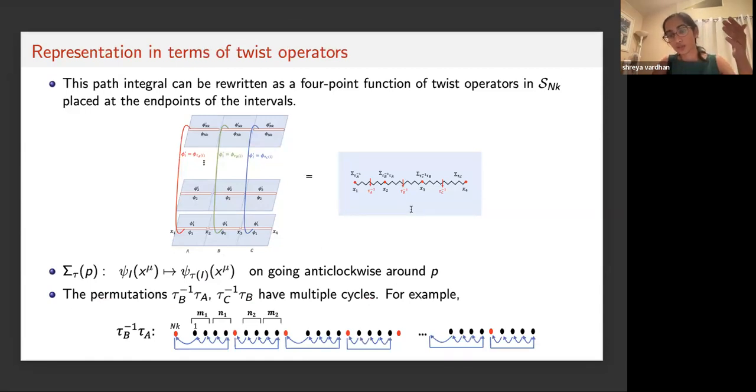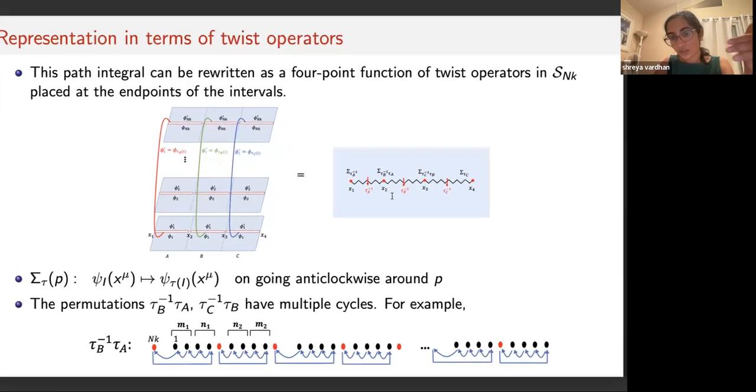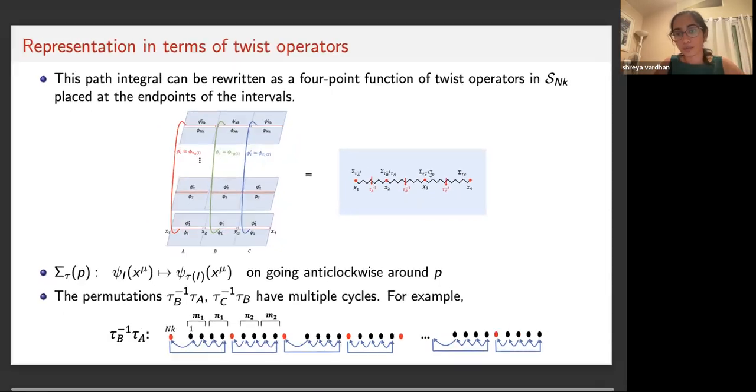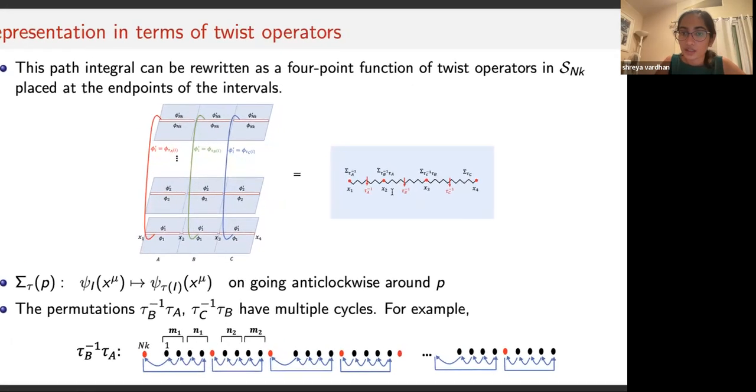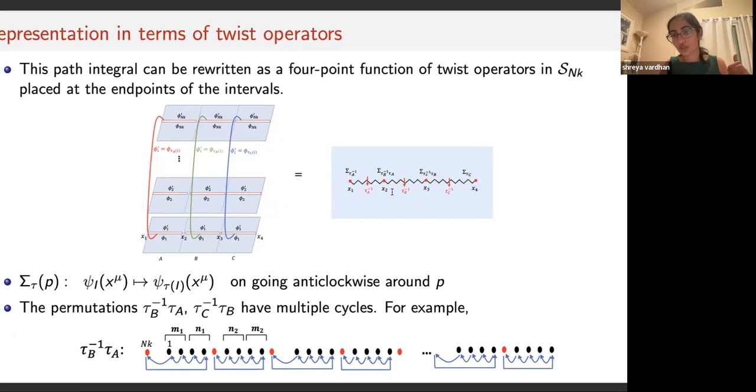It would have some UV divergence for general values of Mi, Ni, and K. To cancel the UV divergence, I would need to divide by a 2-point function of tau A with itself, a 2-point function of this thing with itself, and so on. But because all the dimensions vanish in the replica limit, the factor which is supposed to cancel the UV divergence goes to 1. So this quantity by itself was already UV finite.